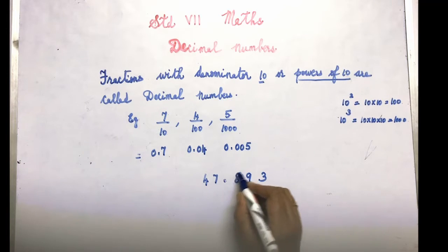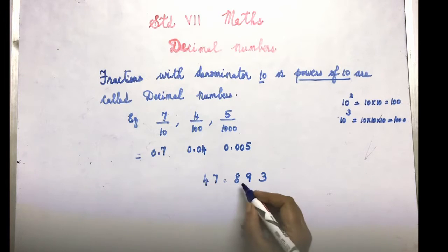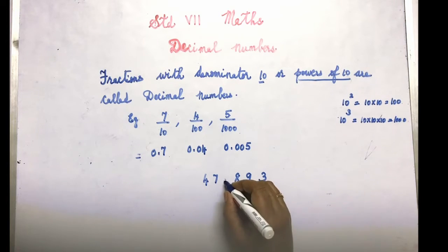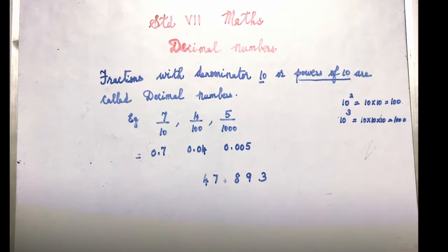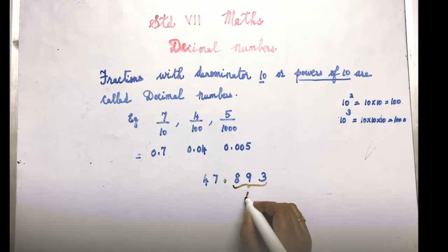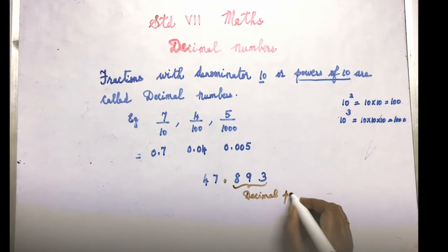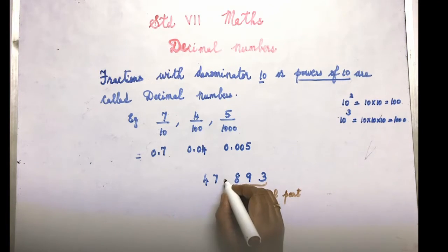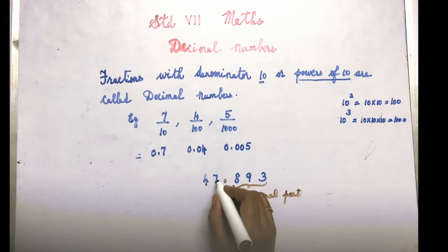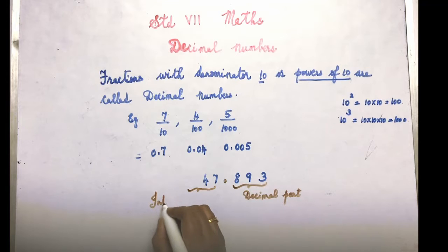The numbers after the point, on the right side, are called the decimal part, and the numbers before the point, on the left side, are called the integral part.